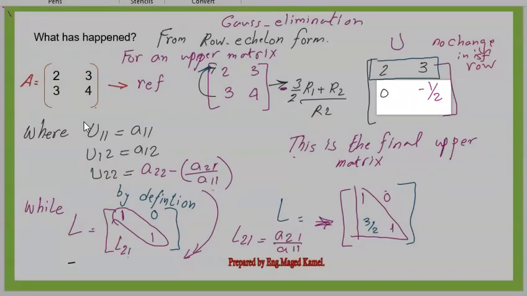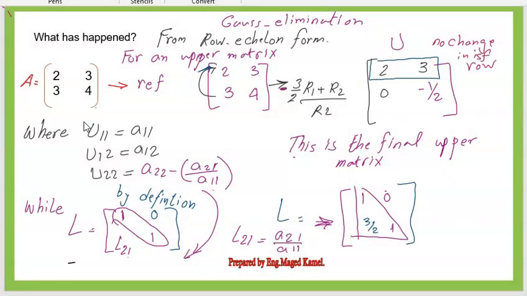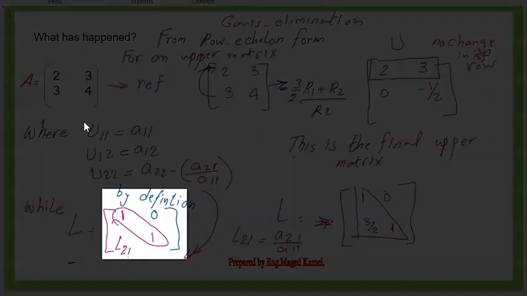As we have noticed, for the first row of matrix A there is no operation, and it is the same in the upper matrix, while the element U sub 2, 2, the second row, second column, is equal to A sub 2, 2 minus A 1, 2 over A sub 1, 1. What about the lower matrix?